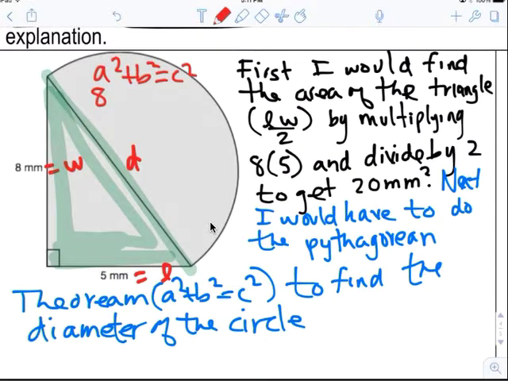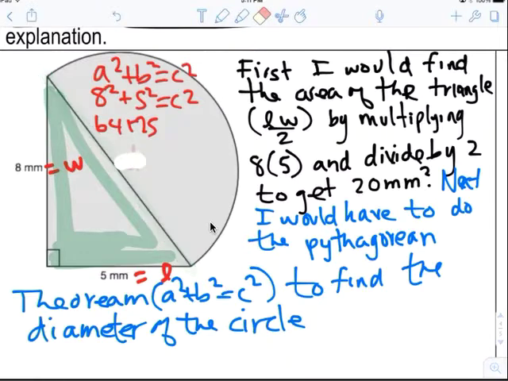8 squared plus 5 squared equals c squared. 64 plus 25, 89 equals c squared. Okay, find the square root of 89.